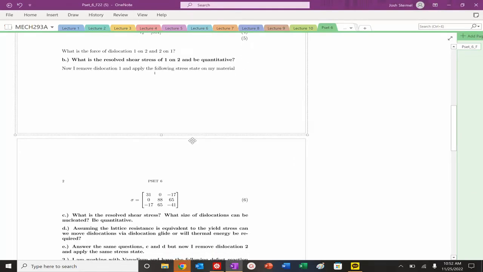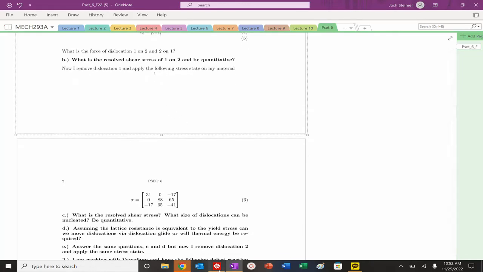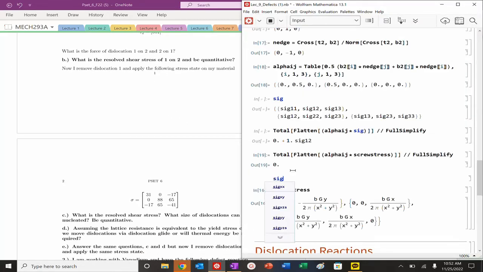But let's say I remove dislocation 1, so forget about that, and apply the following stress state on my material. Let's just do a sigma gen equals 31, 0, minus 17. Then 0, 88, 65, and then finally minus 17, 65, 41.